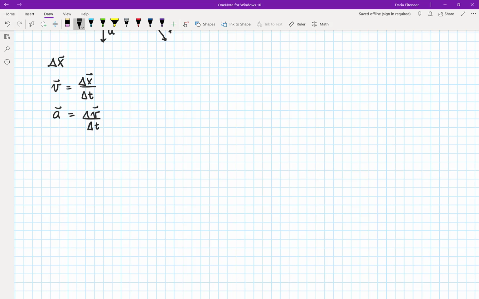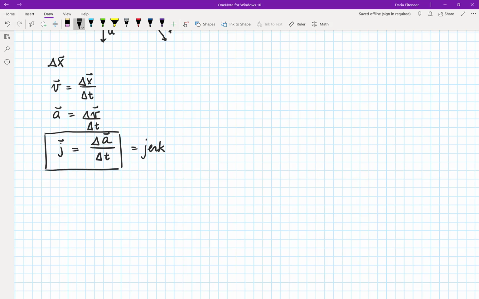Yes. So I'm going to show this to you. We're actually not going to use it in this class, but you still need to know that such a quantity exists. So the next term would be called J. And J would be change in acceleration over time. J stands for jerk. So I'm, again, boxing this.